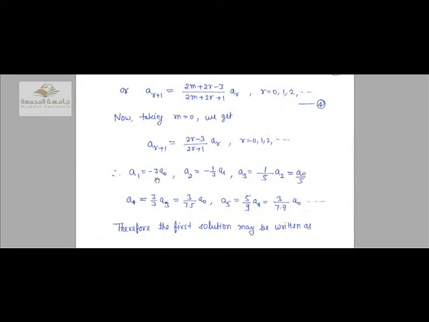Therefore a1 is equal to minus 3 a0, a2 is equal to minus 1 by 3 a1, a3 is equal to 1 by 5 a2 is equal to a0 by 5, a4 is equal to 3 by 7 a3, so a0 by 7 into 5 a0, a5 is equal to 5 by 9 a4 is equal to 3 by 7 into 9 a0, and so on.